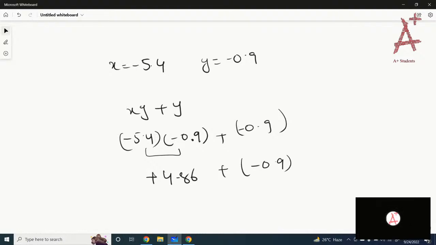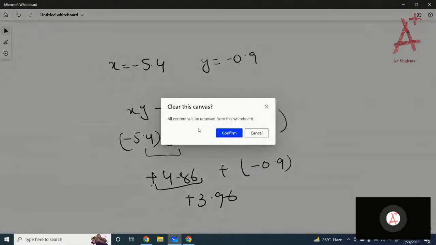It would be positive 3.96, because this is the greater number with a positive sign. So the answer would be 3.96. Got it? The positive 3.96. Okay, select the correct option and move on to the next question.